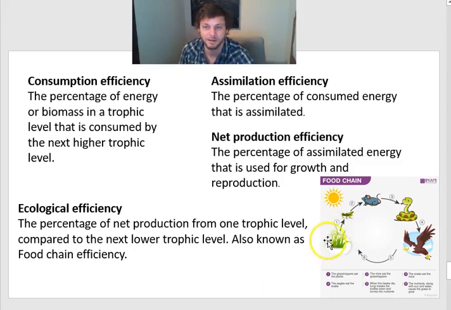Because you're getting 10%, right? If you're in the spot of the grasshopper eating the plant, you're getting 10% of that 100% that the plant can make. If you're eating more meats, you're getting 1% of what that plant can make. That's if you're eating herbivores, right?